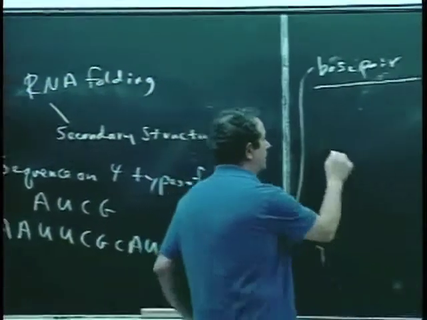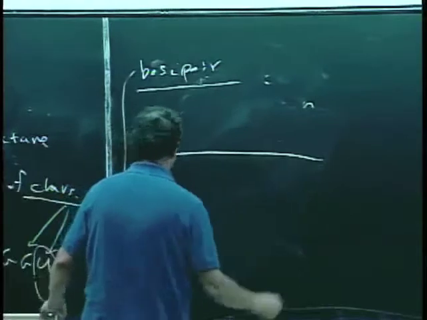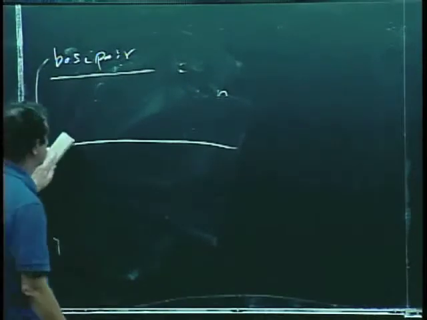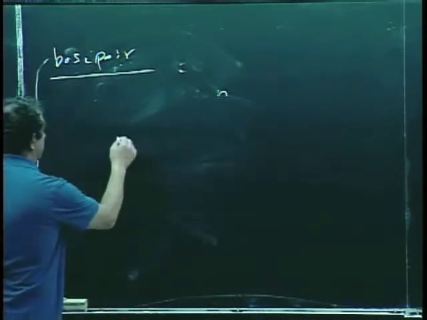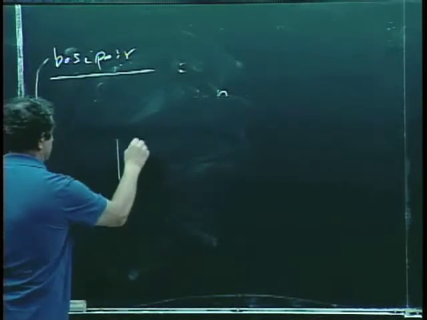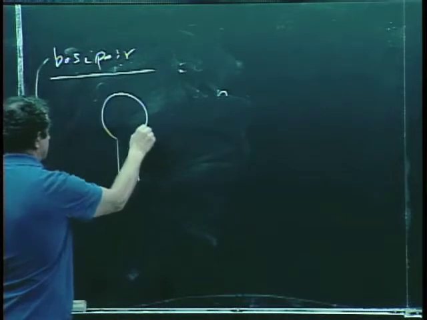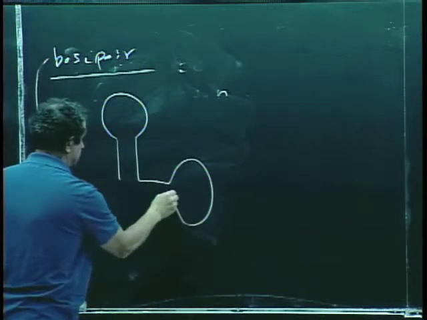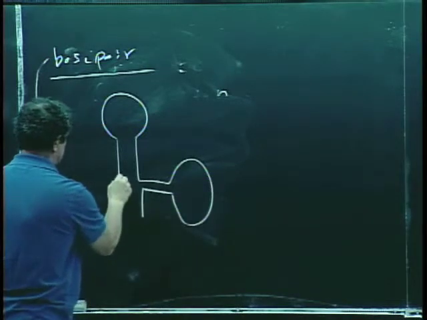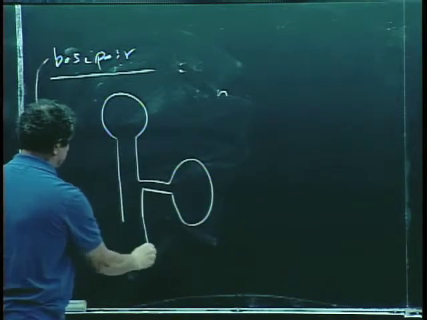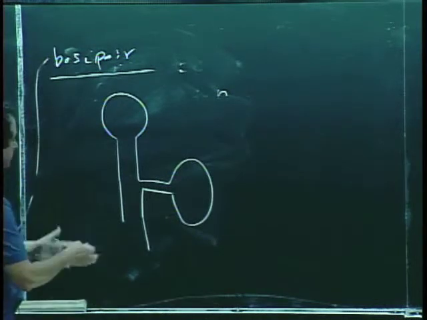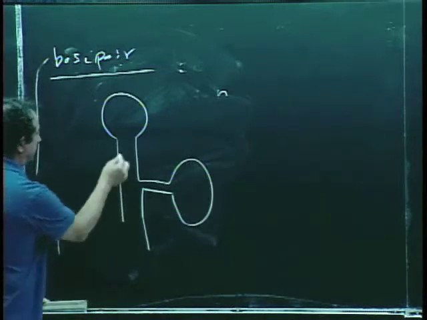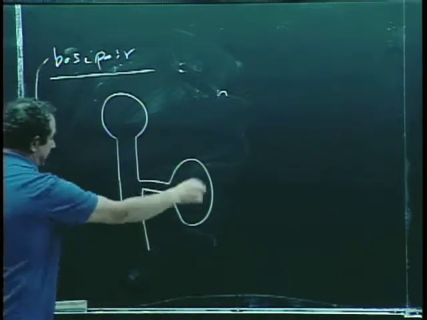So what it looks like typically, and the book has a nice picture of this, is, let me just draw one. Okay, this is a cartoon, and the sequence is along in here.